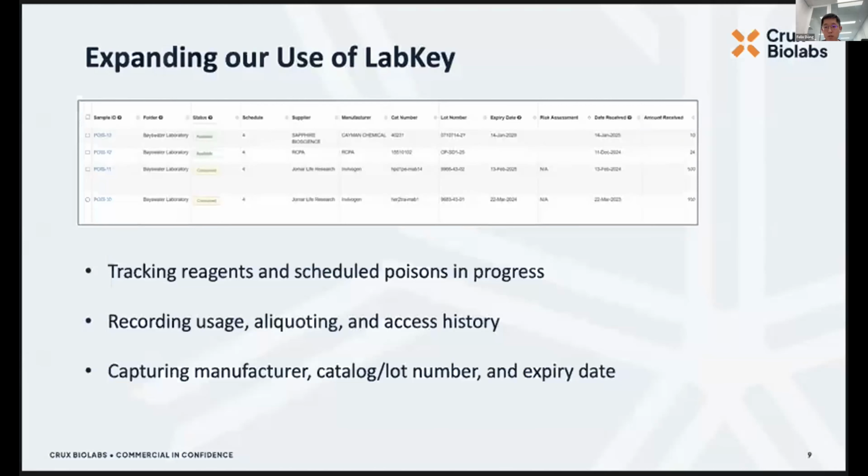We're also using LabKey to record helpful details like the manufacturer, the catalog number, the batch number, or expiry dates to replace all the handwriting so that we won't have to rely so much on paper or spreadsheet logs. We also want to log every time a reagent is used or aliquoted, including exactly how much was taken, how much was left, and who used it, which gives us a clear record of usage, especially for these regulated materials.